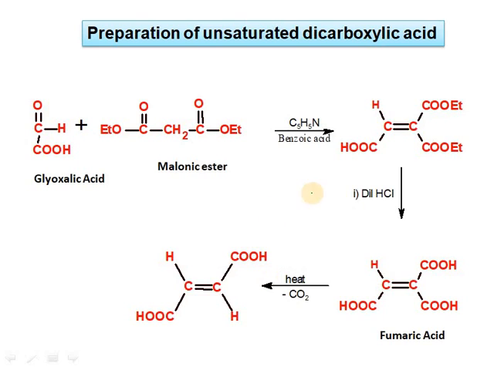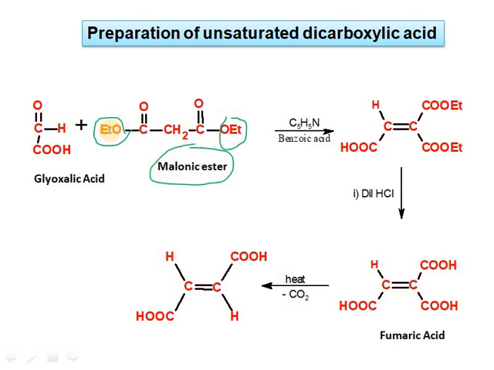Next application: preparation of unsaturated dicarboxylic acid. In place of ethyl acetoacetate, we use malonic ester, right? Last time we used ethyl acetoacetate; now we use malonic ester. It means two OEt groups, that is ethoxy groups. It is also one of the ethers.